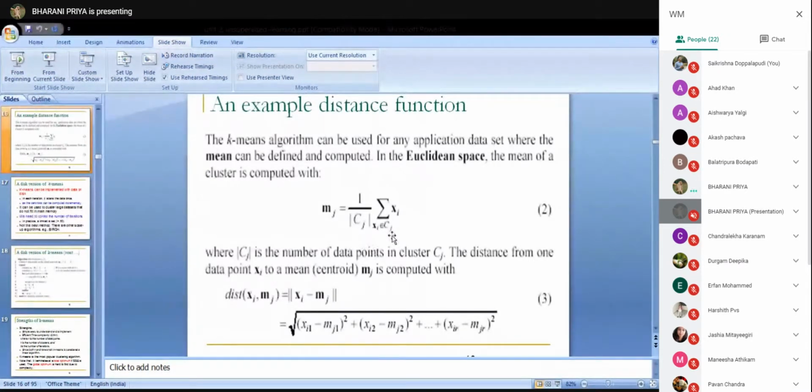Once the mean value is calculated, you will calculate the distance between the mean value and the data point using the Euclidean distance. The Euclidean distance formula is given by the square root of (x1 minus m1) whole square plus (x2 minus m2) whole square plus and so on up to (xn minus mn) whole square.